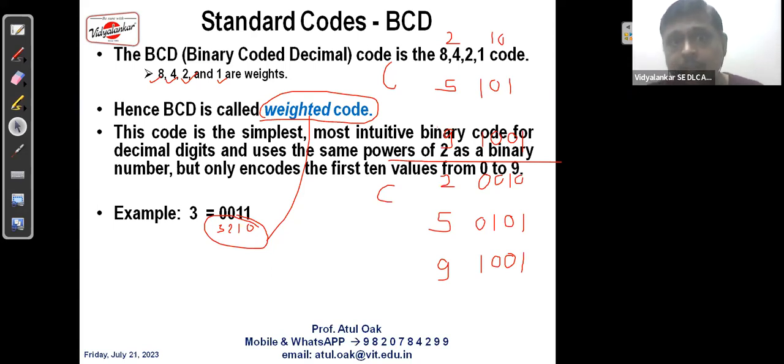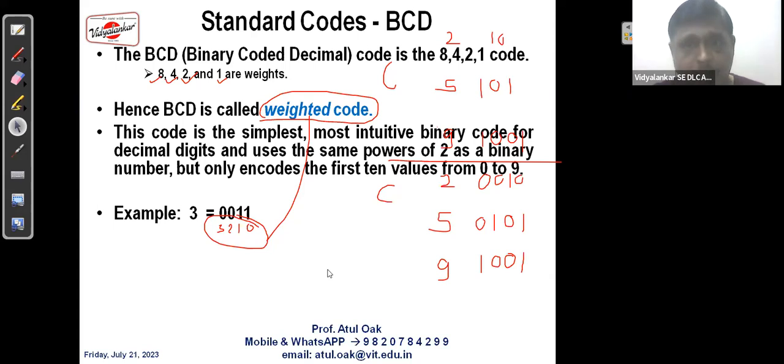So in BCD, we use 4 bits to represent every number. My next question is, because I can see some answers are 1-5. Many people have answered 1-5, 15. So my next question is, which numbers are invalid in BCD?